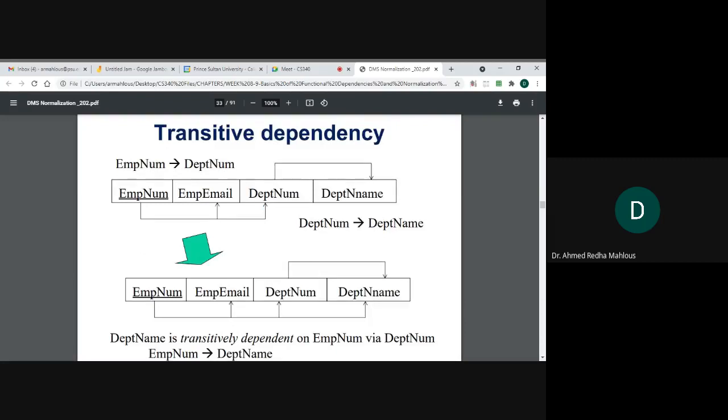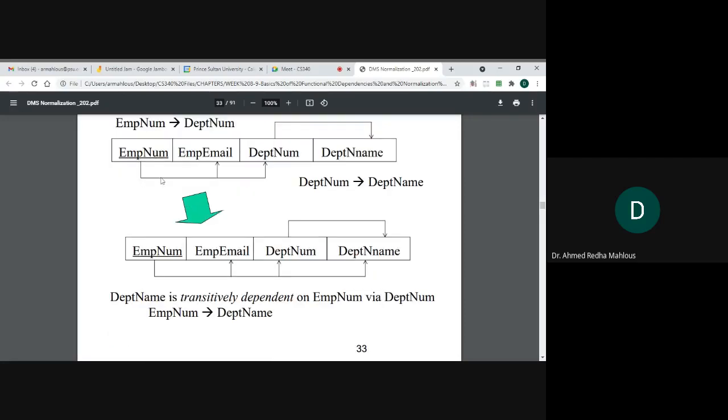Like we have here, for instance, employee. We have employee number, which gives me employee email, and it gives me department number. And here I have department number giving me department name. From A to B, from B to C, I will automatically have A to C, which is employee number giving department name.